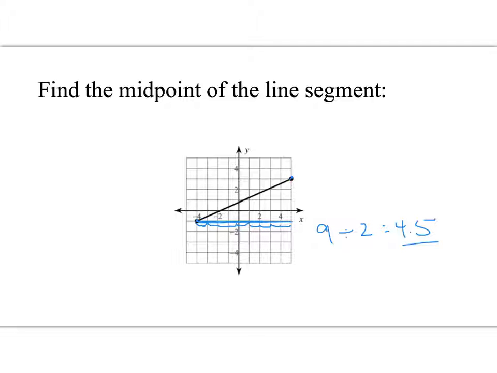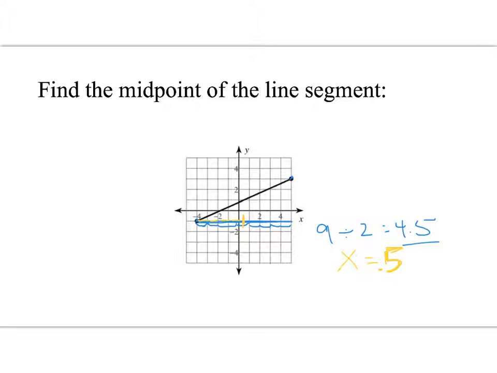So it's going to be 4.5 units away from either end. So if I go 1, 2, 3, 4 and a half, I know my x value is going to have to be 0.5, because that's 4.5 units away from the end.